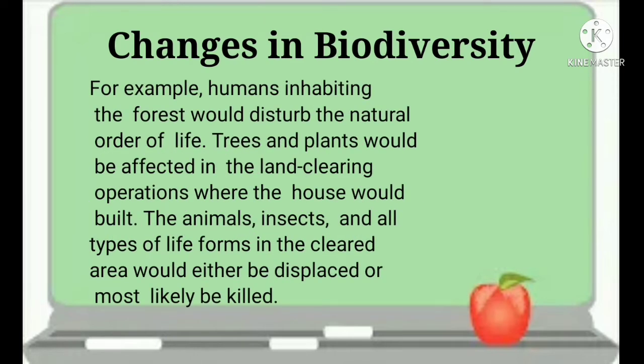For example, humans inhabiting the forest would disturb the natural order of life. The trees and the plants would be affected in the land clearing operation where the house would be built, and the animals, insects, and all types of life forms in the cleared area would either be displaced or most likely be killed.